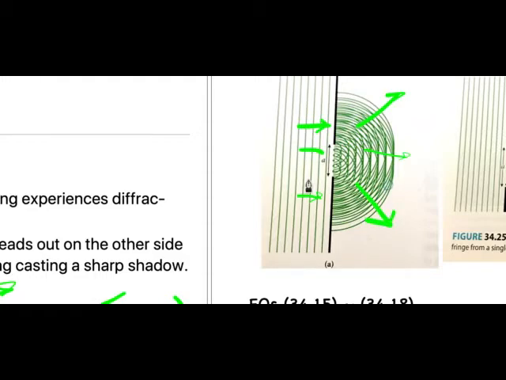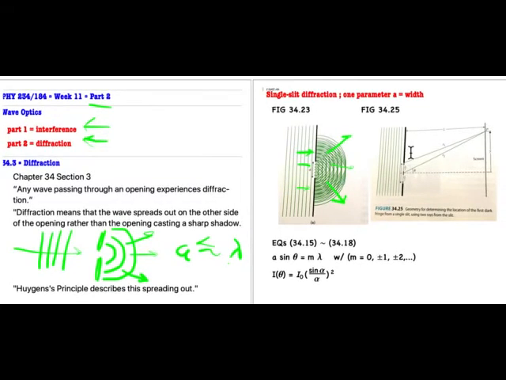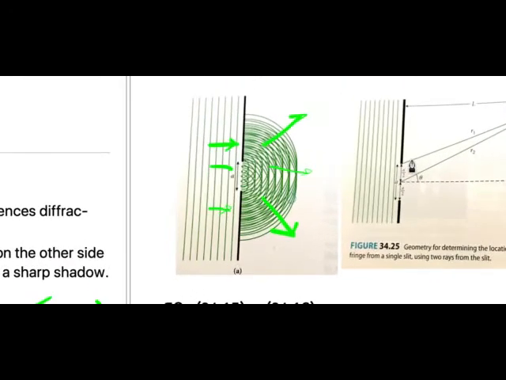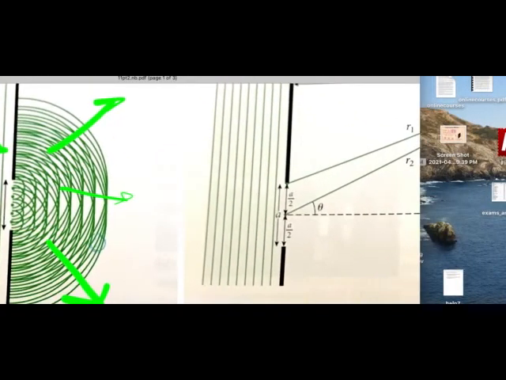Now, to make this quantitative, since this is just a qualitative picture, you can look at figure 25, which shows plane waves approaching a slit whose width is A, divided up into 2 parts, A over 2 above the center and A over 2 below the center.